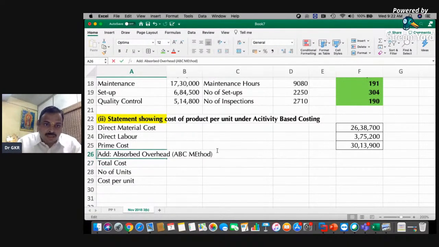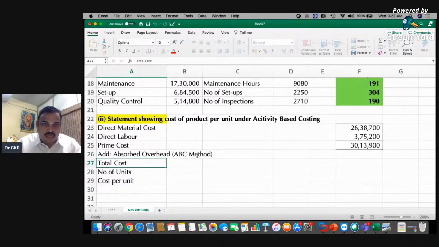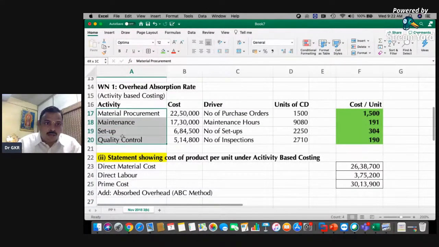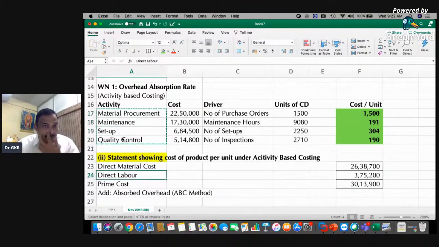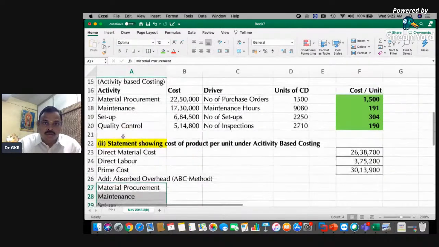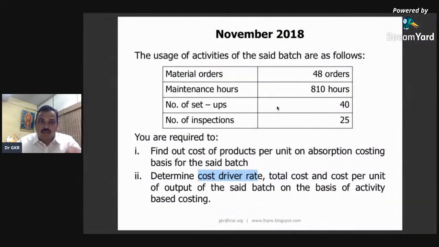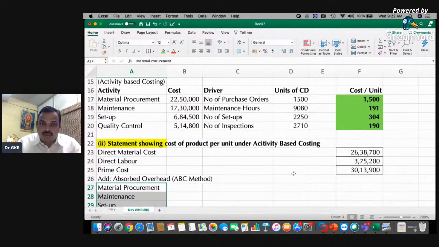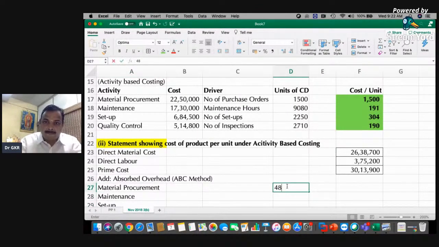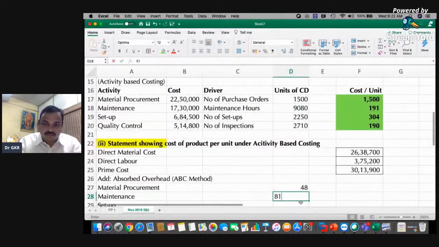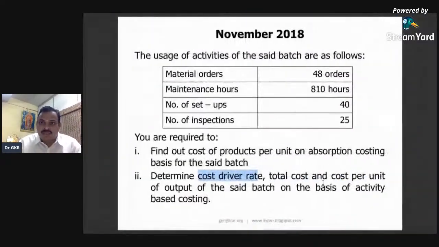But under the ABC method, it is not one rate, it is 4 rates. What are those 4? Material procurement, maintenance, setup and quality. These are the 4 items. So what is your number of material orders? 48 orders, so units is 48, and 810 machine hours. Setup cost is 40.